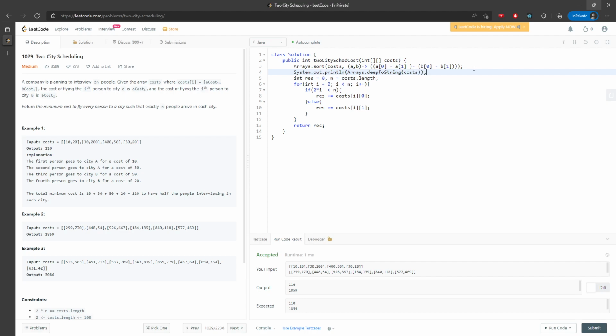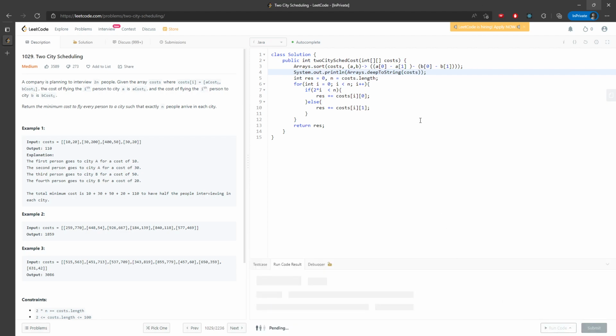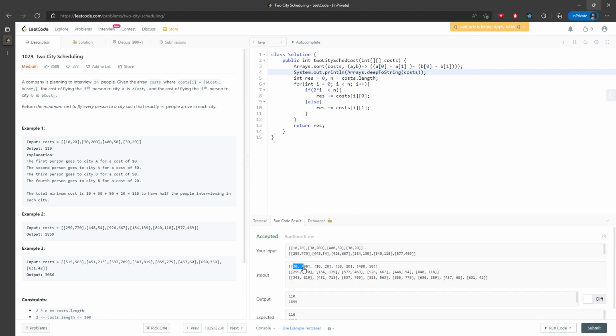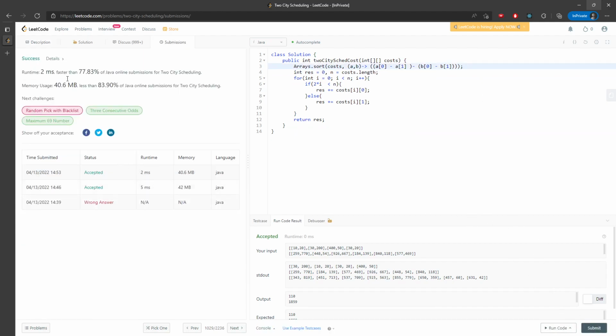You will definitely see the output for the sorting. So this is the smallest, negative 170, negative 10, positive 10, something like this, and this is positive 350, right? So it goes from the smallest to the greatest. All right, let's get rid of this. Submit. And here we go.